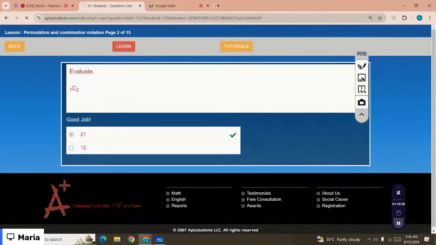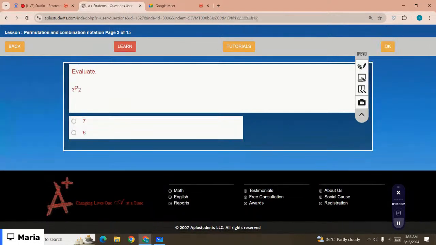Evaluate. You have to evaluate 3P2. So which is the correct option?